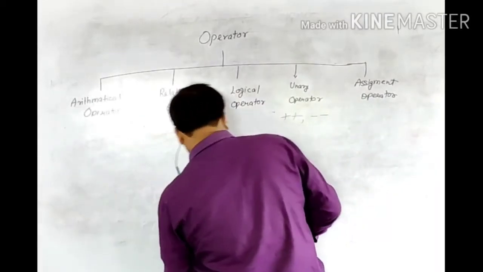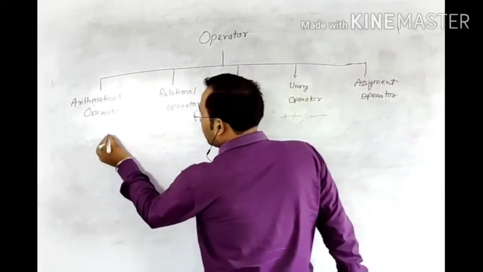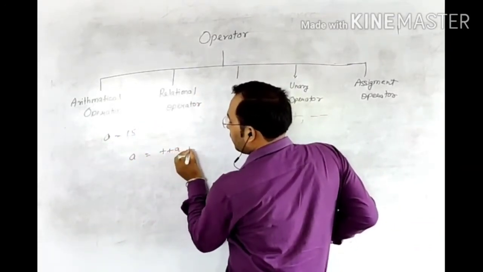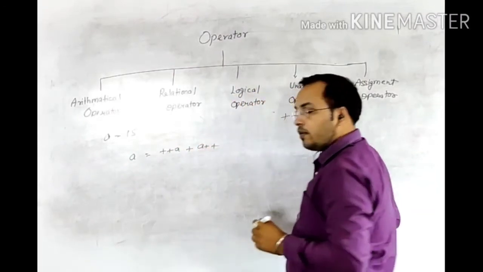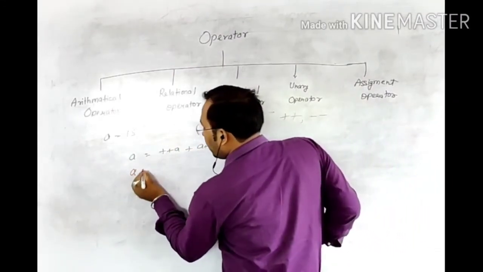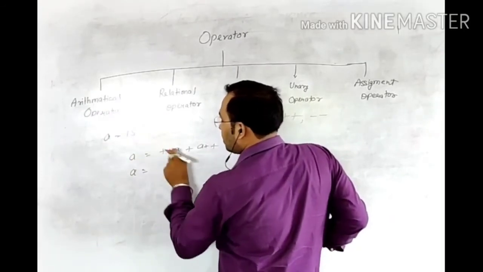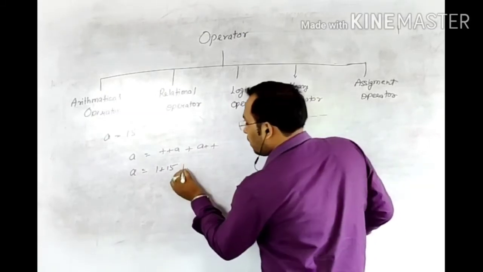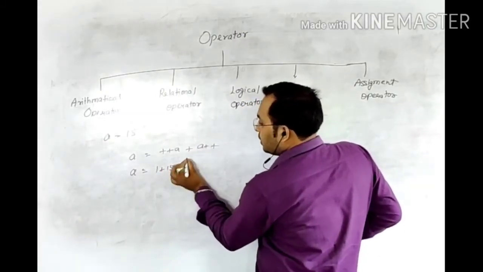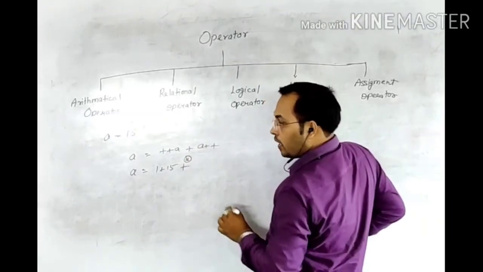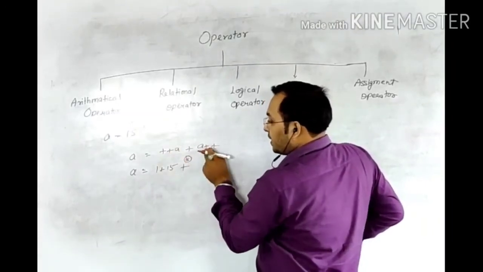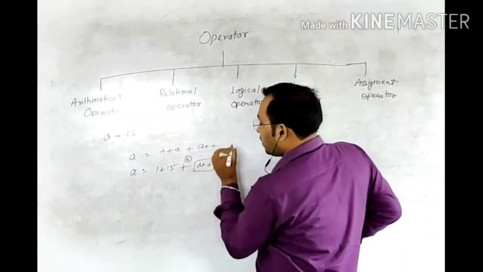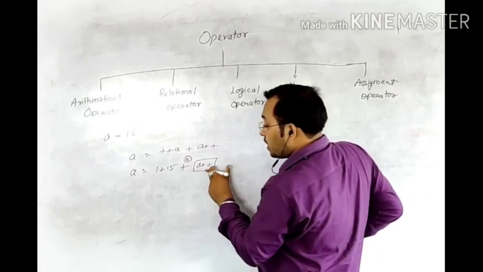Now see, suppose a is equals to 15 and you have to find out a equals to plus plus a plus a plus plus. In this case what happened? A equals to plus plus a, that means a's value is 15 and 1 we have to add to it. 1 plus 15, after adding this we will get 16, because a's value is now changed. And in this condition a plus plus, this one will not change because it's a postfix.